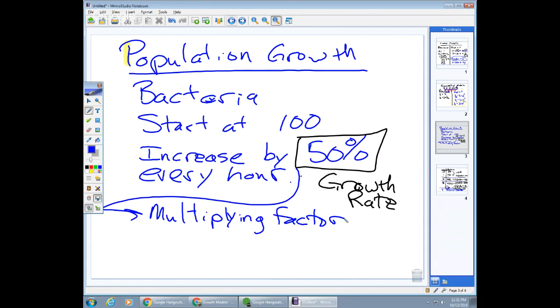So the multiplying factor here will be 150%, which is 1.5 as a decimal. And although the growth rate is important, I need to know the growth rate, it's the multiplying factor that's more important, because that gets me quickly from year to year, hour to hour, whatever, that multiplying factor.